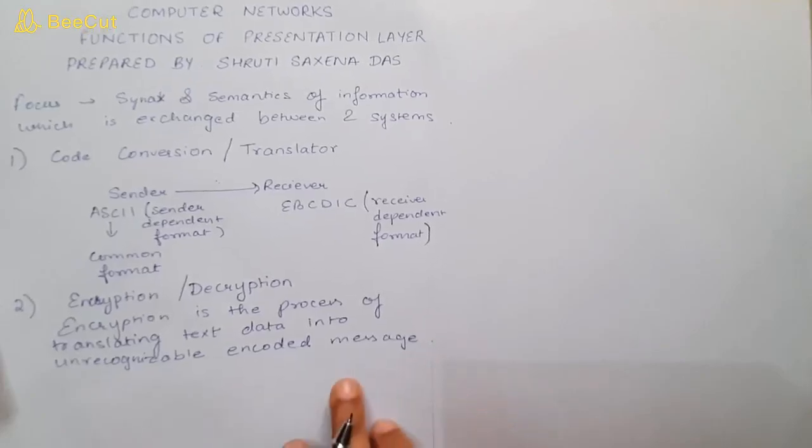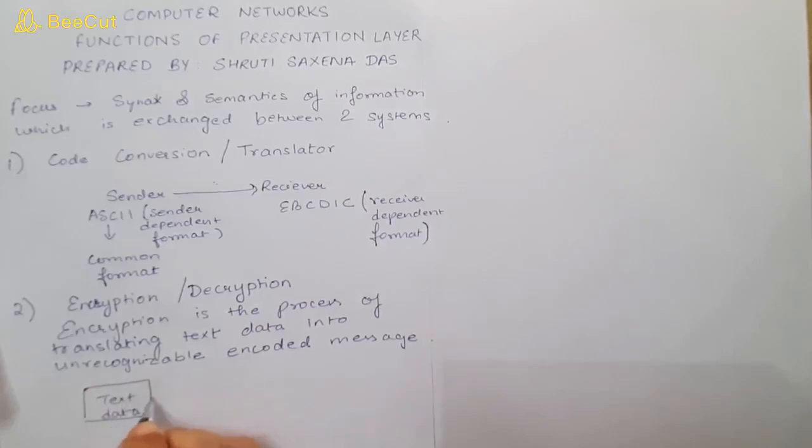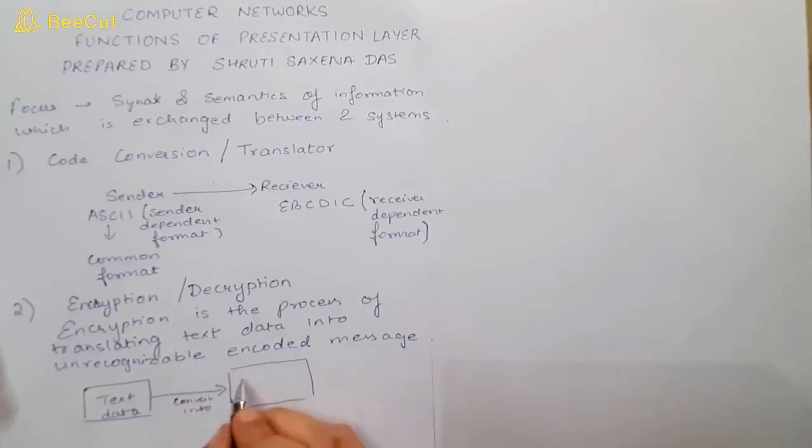So this is the process of encryption, that whatever text data you want to send, that text data must be converted into some unrecognizable encoded message, that is known as ciphertext.